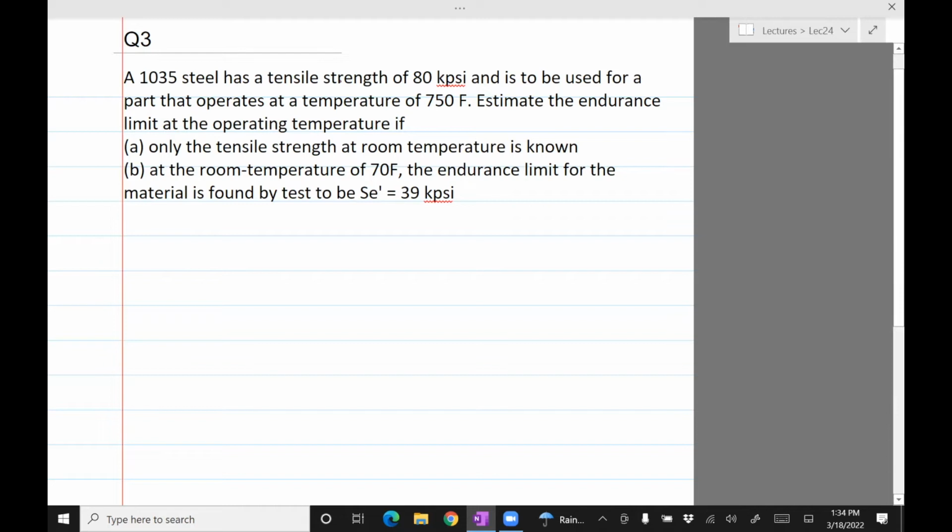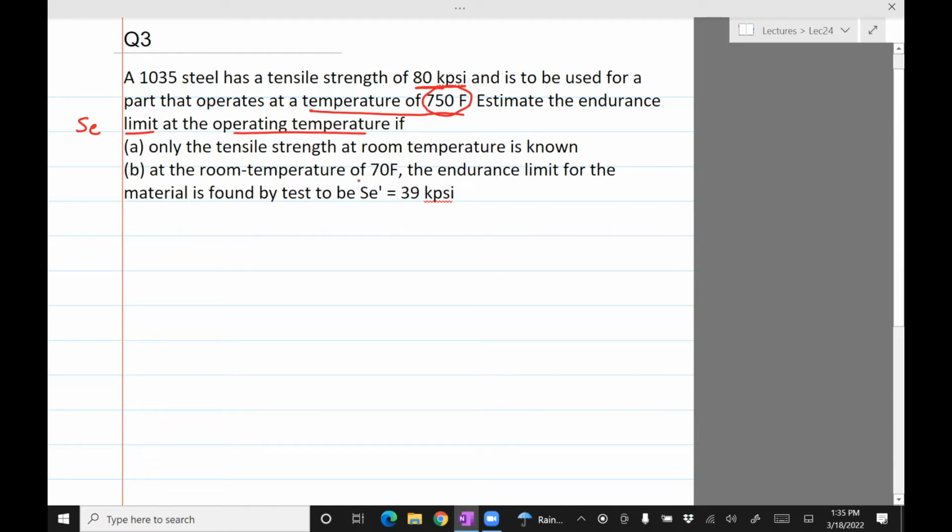So 1035 steel has a tensile strength of 80 kpsi, and is to be used for a part that operates at a temperature of 750 Fahrenheit. Estimate the endurance limit, which is they're asking to compute SE at the operating temperature, if only the tensile strength at room temperature is known.